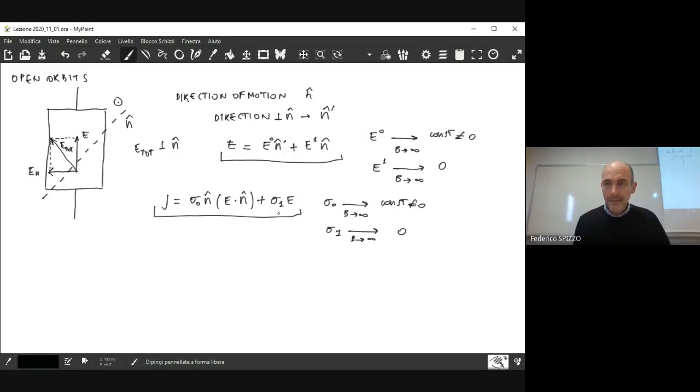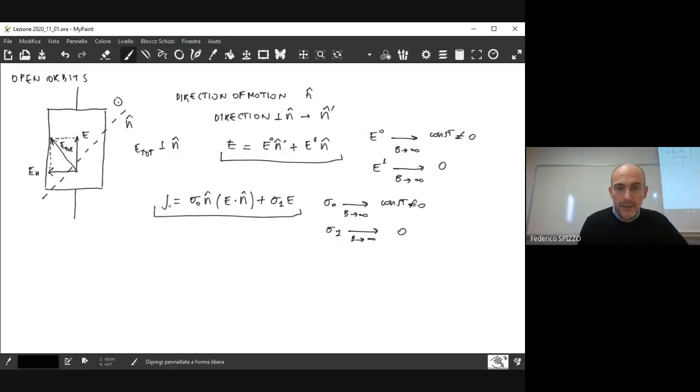But in the high field limit, the only direction that may be useful for the propagation of the current is the direction that is parallel to n. So the conduction along any arbitrary direction is suppressed, that is due to sigma 1, while the flow of current along n, the direction of the open orbit, is preserved and depends on sigma 0. So these two equations just try to represent the fact that only the open orbit is able to let the current propagate through the system.